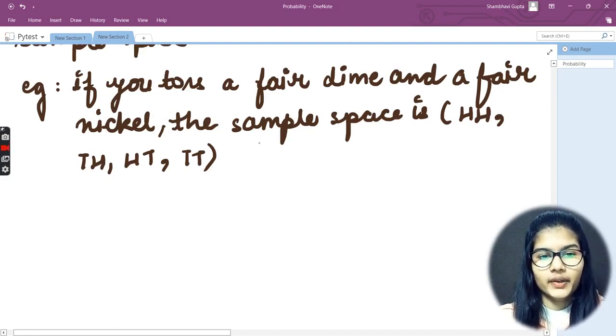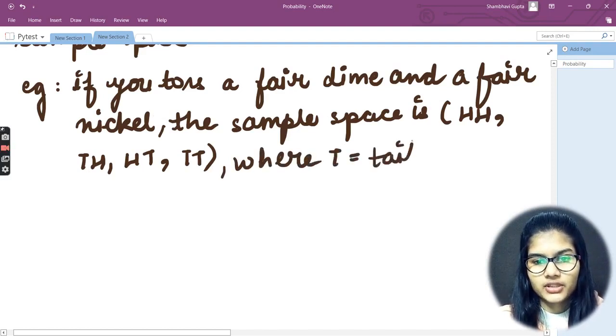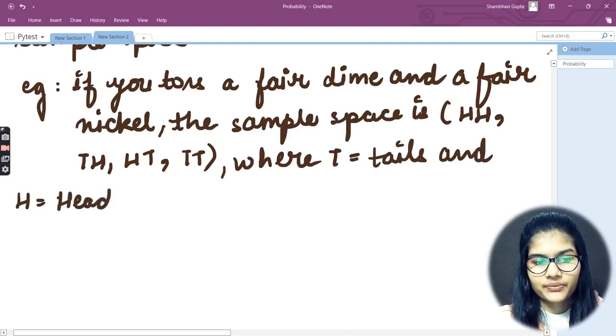In this question, T is equal to tails and H is equal to heads.